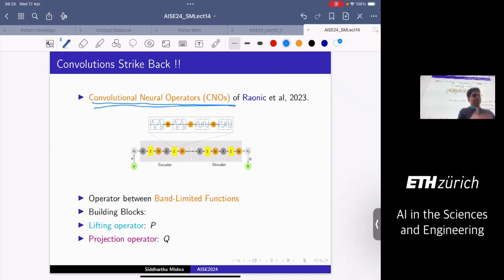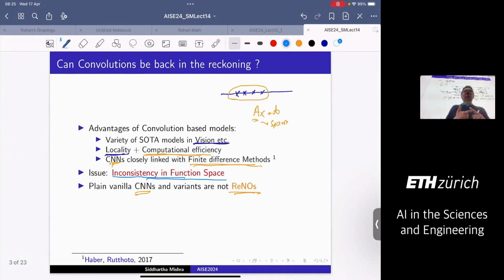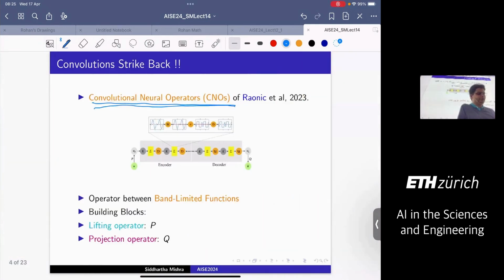In particular, it keeps convolutions, so it has all these nice properties: locality, computational efficiency, and so on. In addition, it's also a ReNO, or we are going to construct it in such a manner that it is going to be a ReNO. But remember that the reason why we failed last time is because of convolution itself.